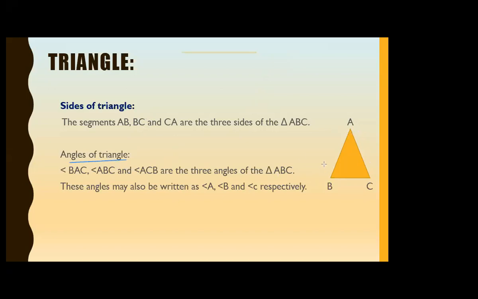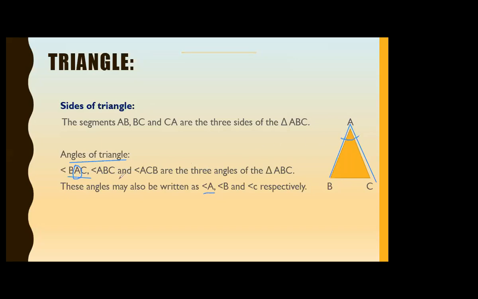Beta, here if I am mentioning angle BAC, what is the meaning of this? Angle BAC can be written as only angle A. Why? Because the vertex which is written in the center shows the main angle which is given.